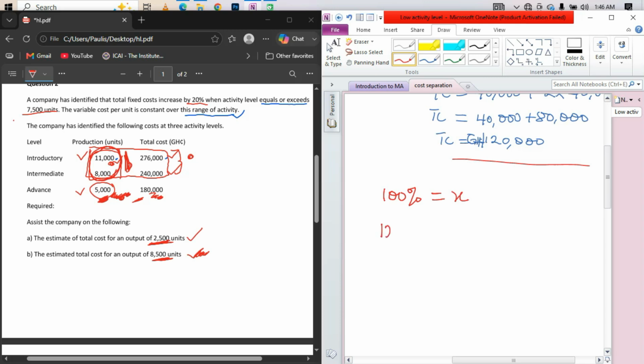So if it increases by 20%, that will give me 120%. And the 120%, the fixed cost is what? 144,000. So this is the same as 1 is equal to S, and 1.2 is equal to 144,000.